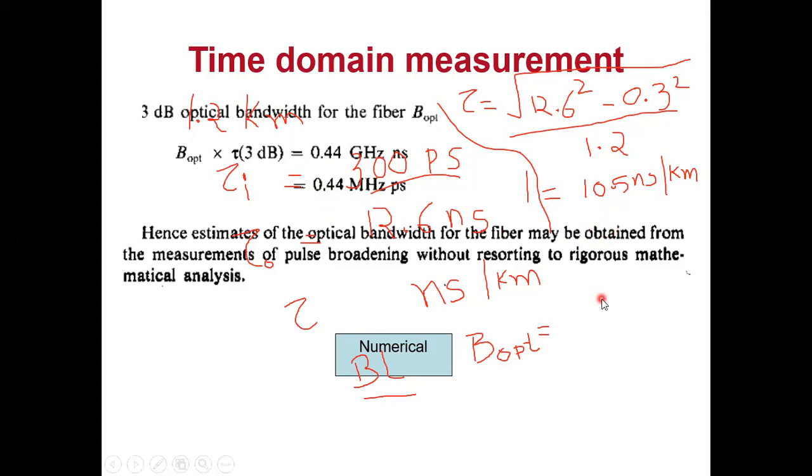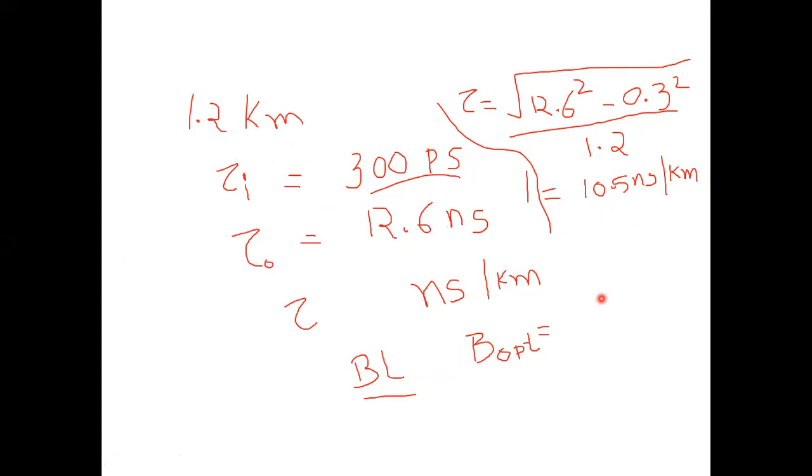It's just one division. Why are you taking so much time? 0.44 divided by 10.5. It takes this much time. If you are using mobile, then also you can calculate. Quickly tell me the answer.